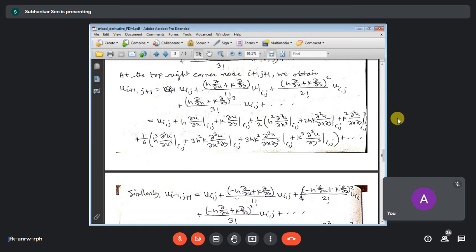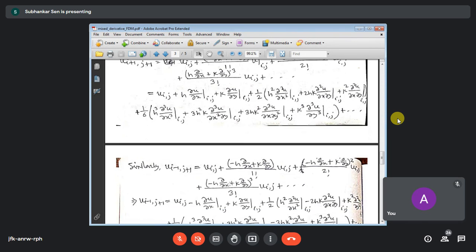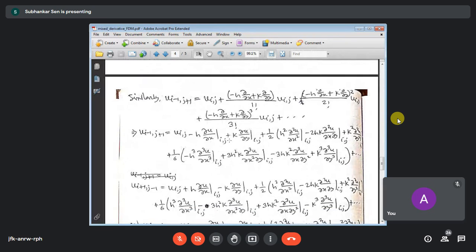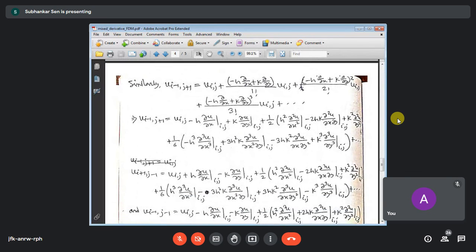Whatever we have written, the same thing we are doing here: (minus h ∂/∂x plus k ∂/∂y) whole square by factorial 2 u_ij. The same for the cubic term: (minus h ∂/∂x plus k ∂/∂y) whole cube by factorial 3 u_ij. When you simplify these terms, you find it is giving you some positive terms and some negative terms. Where you may make a mistake, the most possible chance is here.